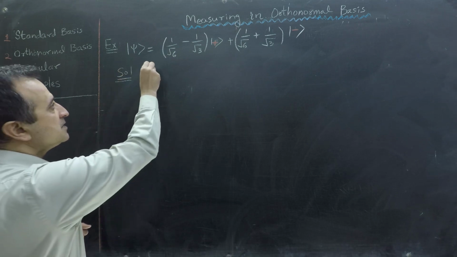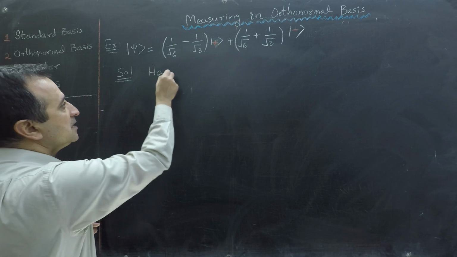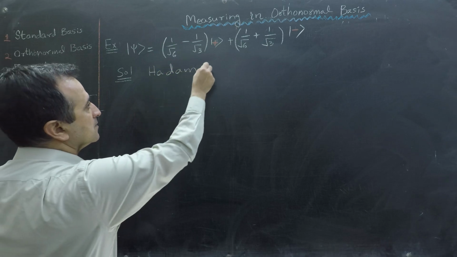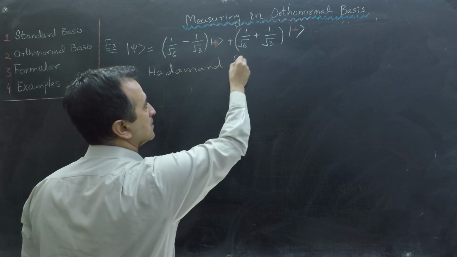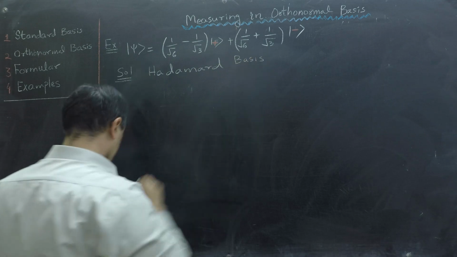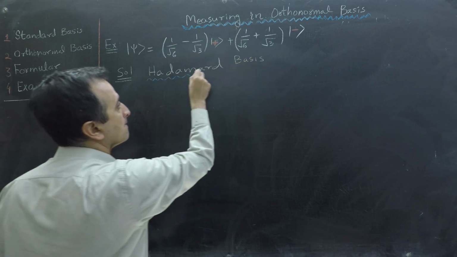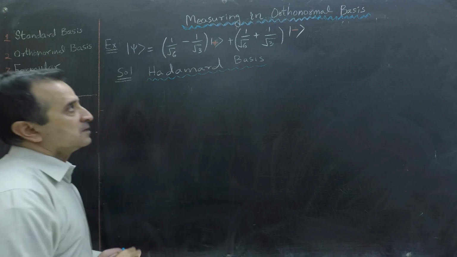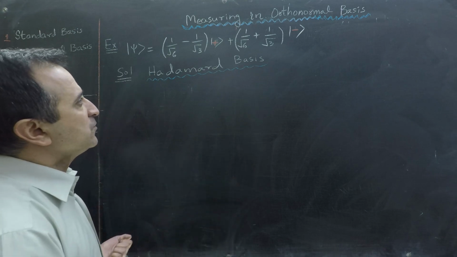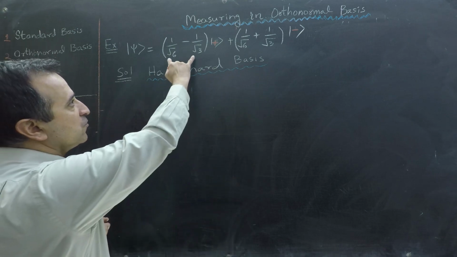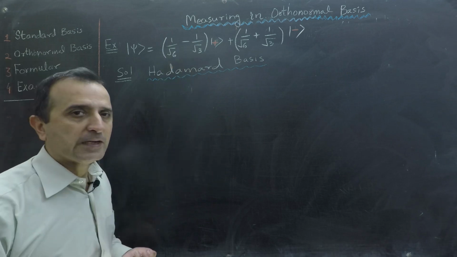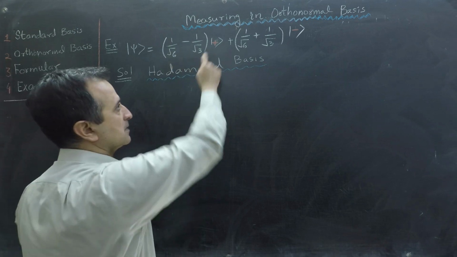First, we measure this qubit in the Hadamard basis. To that end, we only have to compute the square of this term to find the probability of measuring ket plus.